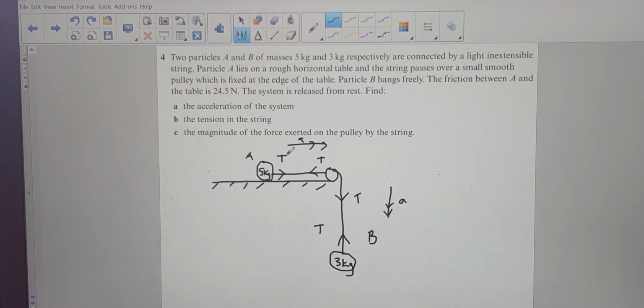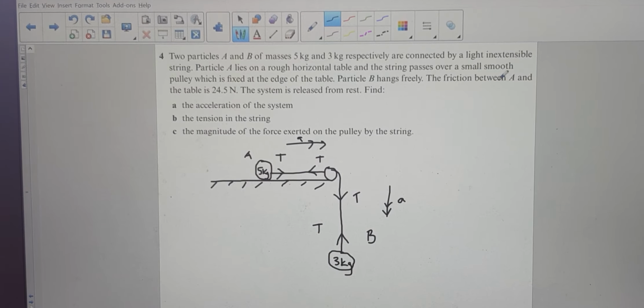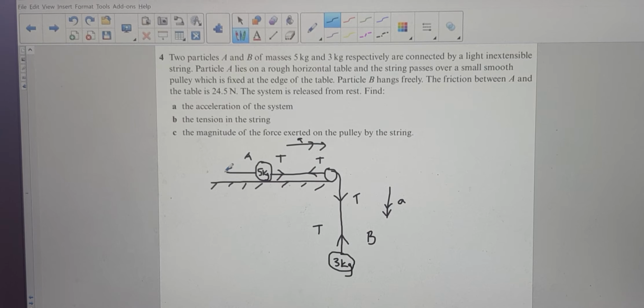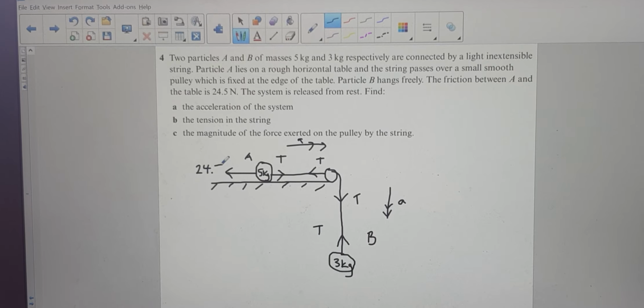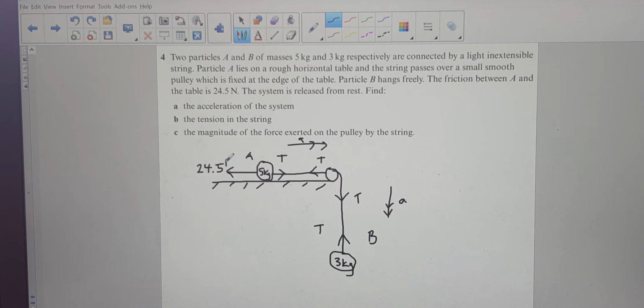Then we've got one more thing as well. We've got this friction acting between the table, which is 24.5. So that's another force. You know it's a force because it's in newtons, which is 24.5 here. Okay, any other information I need to worry about? No, I don't think so.